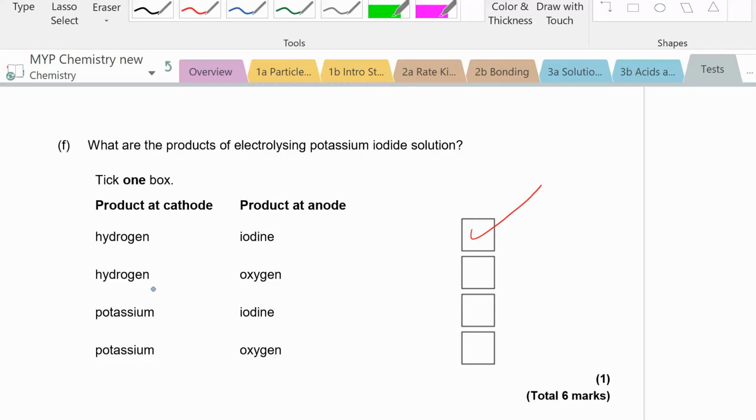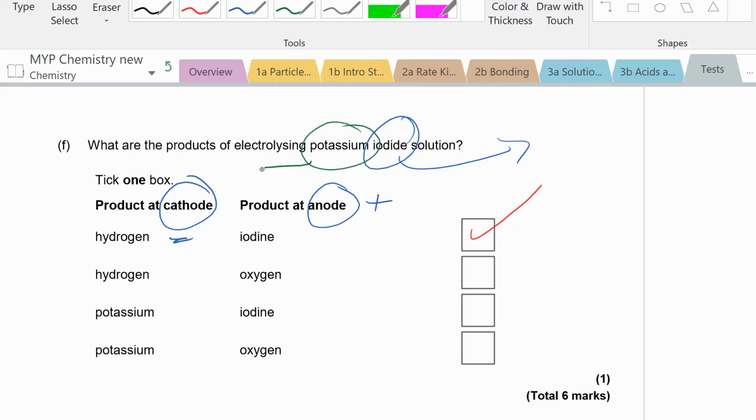Essentially iodine goes to one electrode, so the anode is the positive and the cathode is negative. And the cation in this case is potassium, and you'd expect it to go to the cathode.